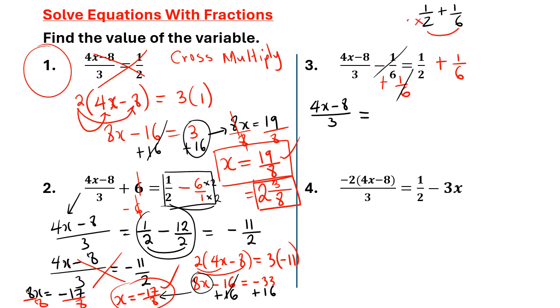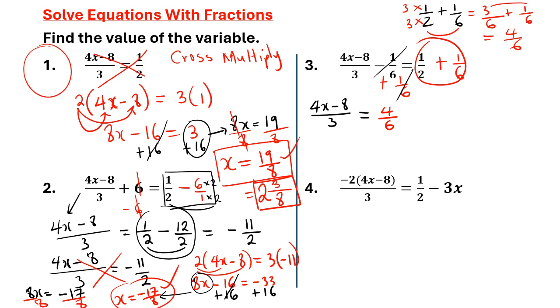I would multiply 2 by 3 to get 6, and also multiply 1 by 3 to get 3. So this will be 3 over 6 plus 1 over 6. So this result here will be 3 plus 1, which is 4 over 6.